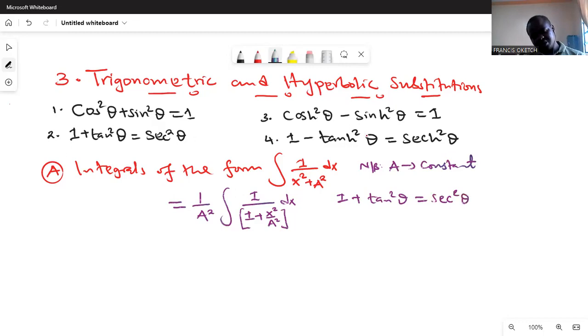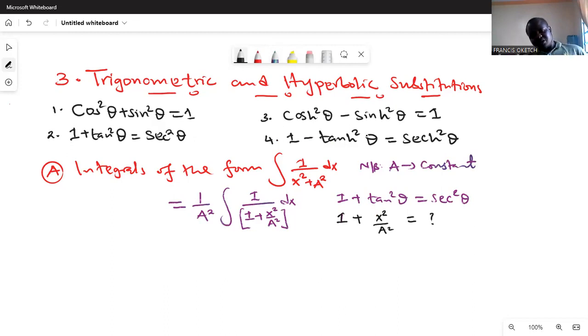Now in our integrand, we have 1 plus x squared over a squared. So just compare the left-hand sides.